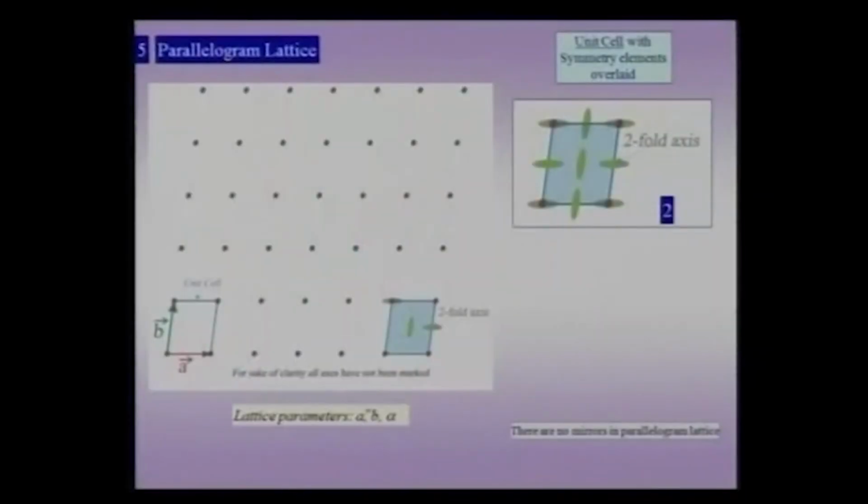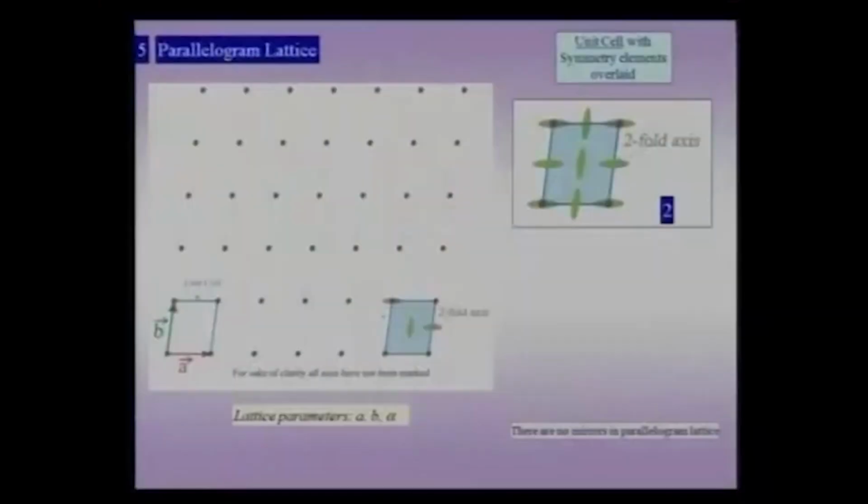So to summarize, what is a general parallelogram lattice? It is a lattice which can be obtained from, for instance, a square lattice by shearing the lattice and also distorting it along x and y directions in any free manner, and in the process we find that the lattice parameters A, B and alpha all can take values which are not constrained in any way. Alpha can take any value, A and B need not be equal to each other or in any other way be constrained to have a certain value.